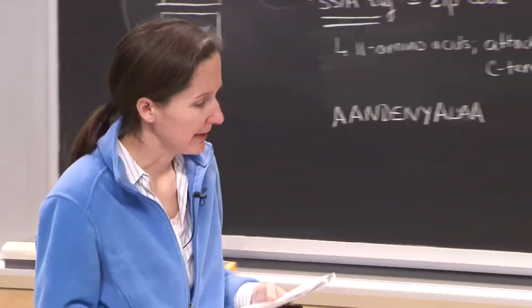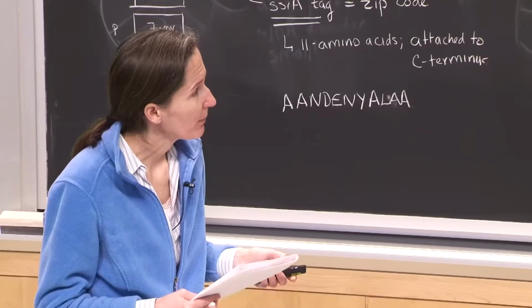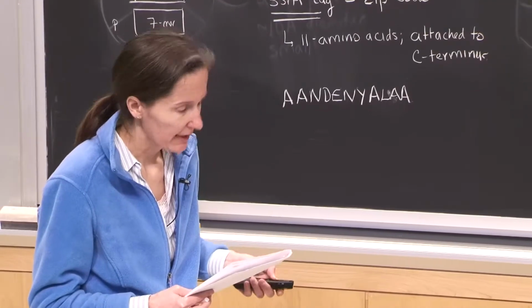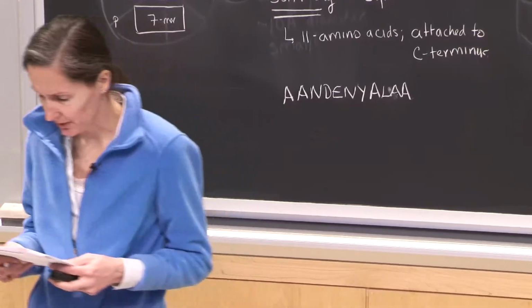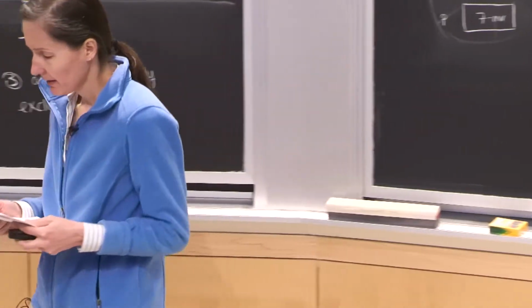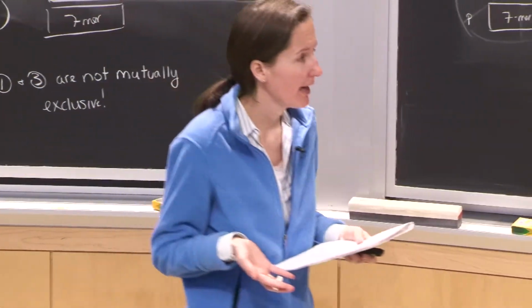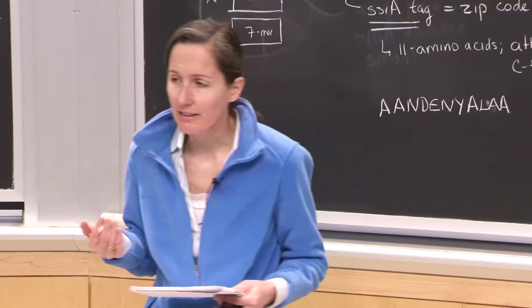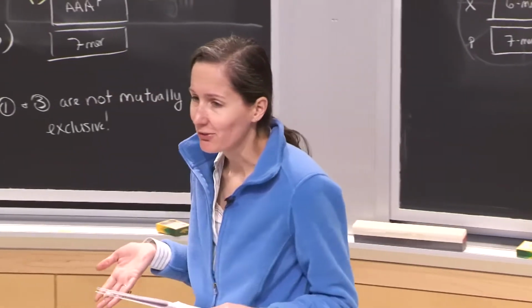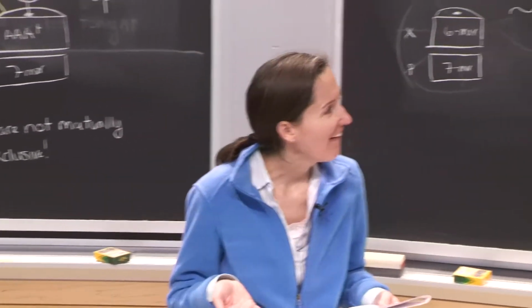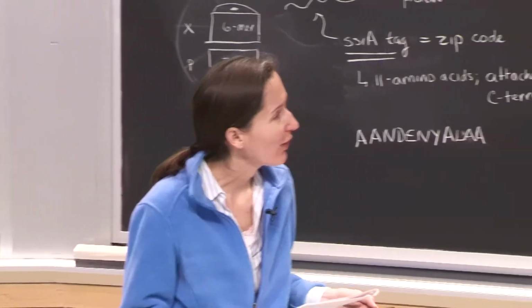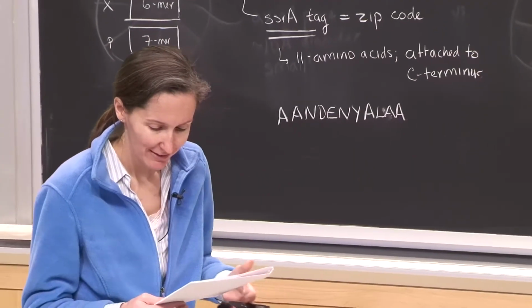So what happens? There's a partner protein called SmpB, just to be aware of. And in complex with SmpB, it's actually EF-Tu that delivers this tmRNA to the ribosome here.